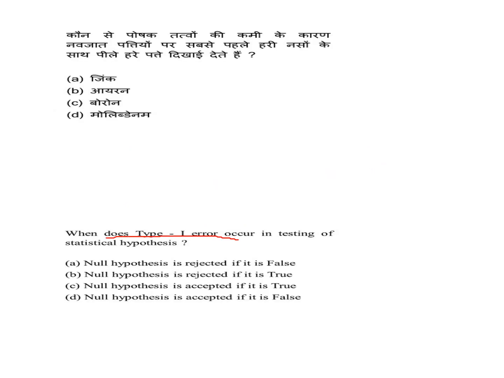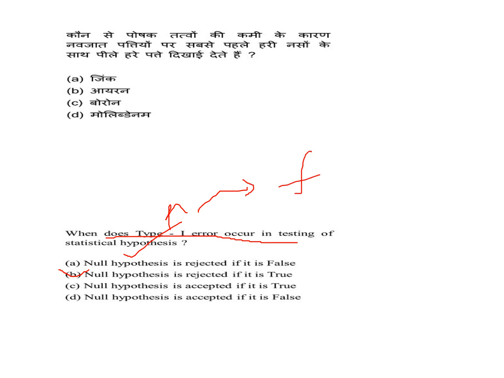When does type 1 error occur in testing of statistical hypothesis? The answer is the null hypothesis is rejected if it is true. Type 1 error is rejecting the null hypothesis when it is actually true.